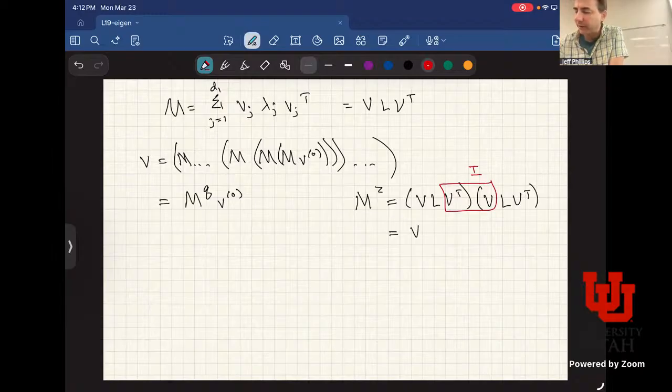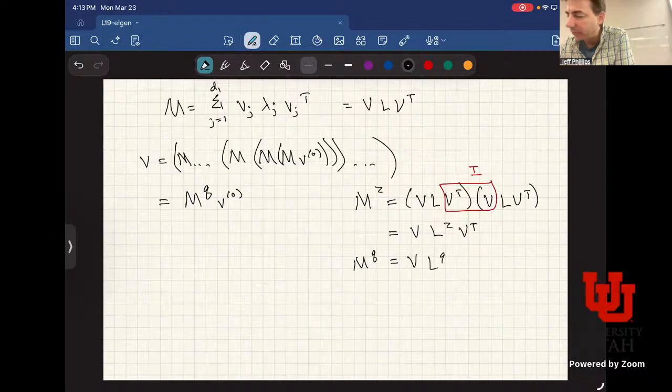This is the identity. So this is equal to V L squared V transpose. So M squared is V L squared V transpose. And in general, that means that M to the power Q is going to be V L to the Q V transpose.